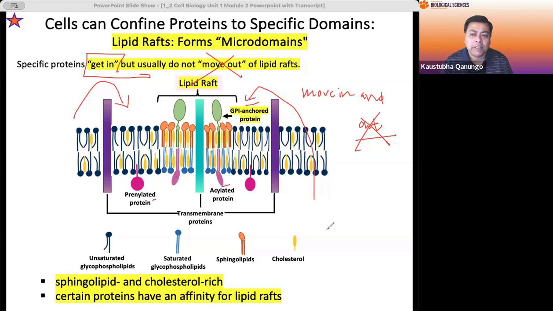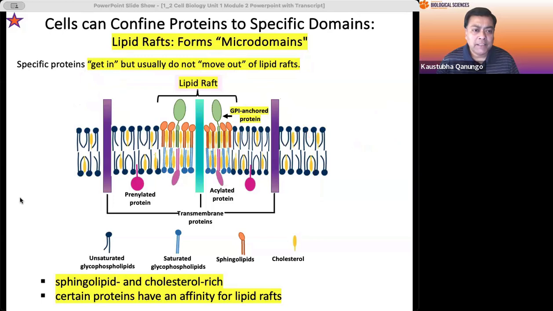If we say that GPI anchored protein, acylated protein, prenylated protein have a high affinity for lipid raft, that's a correct statement. Saturated glycophospholipid, sphingolipid, cholesterol rich, these have high affinity for the lipid rafts. That is true. And if I say that these GPI anchored proteins move in and out of the lipid rafts seamlessly, as soon as you see the words move out, that is a red flag, because they do not move out. That will be your wrong choice. This is another question that is missed by a lot of people, so definitely underline it many times. Very important question. All right.